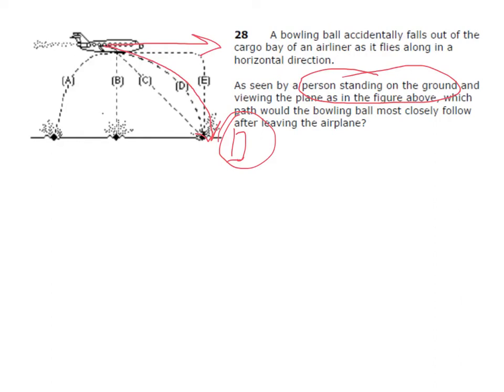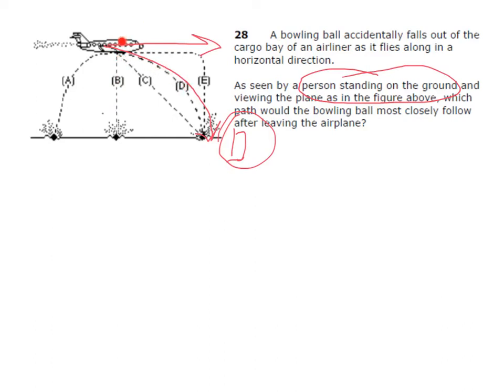This is in contrast to a previous question that we had on another test, which was what happens when you look out the bottom of the plane. Well, if we're looking out the bottom of the plane, it appears to somebody looking out the door of the plane that the ball is falling straight down, because as the plane moves, the ball is also moving.